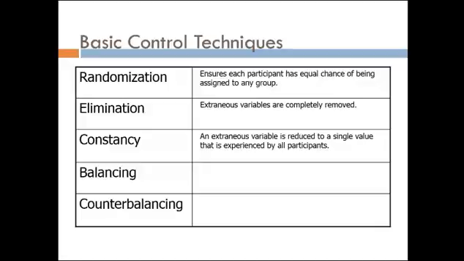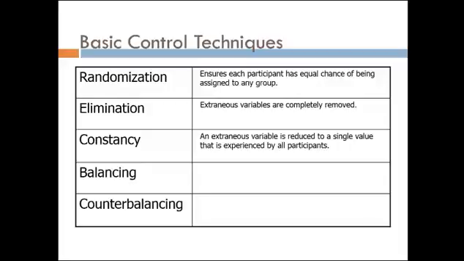It's constant. So all data will be collected between 11 a.m. and 1 p.m. or whatever. That potential confound is held constant by eliminating it down to one single value, and everybody experiences the same thing.